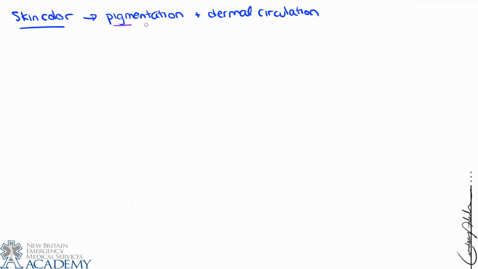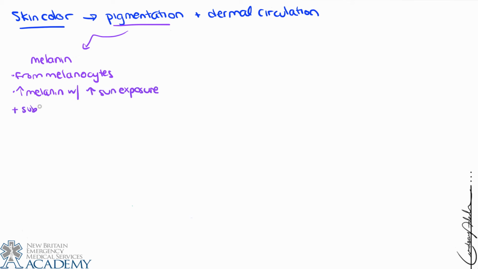And the last thing I want to consider relative to skin is the skin coloring. And it's based on two things: pigmentation and dermal circulation. So pigmentation, there are two pigments that we want to consider. One of them we mentioned already, which is melanin, which comes from melanocytes. And the amount of melanin can increase with sun exposure.